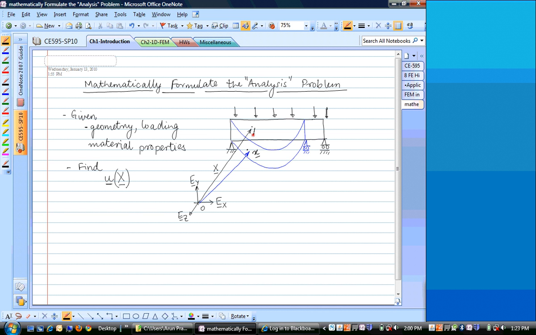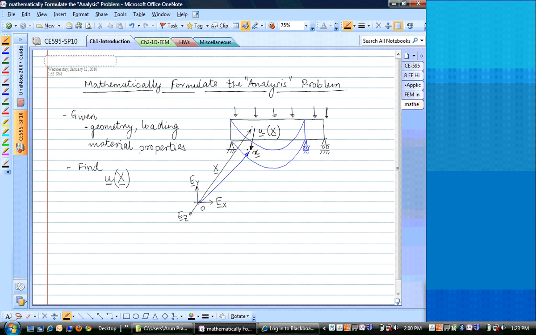This vector that goes from the old location to the new location is your displacement. This is u as a function of x. And this is something that hopefully you should have seen before.